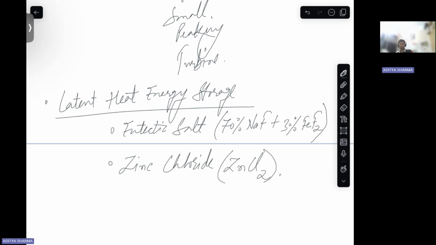So this is about your latent heat energy storage.